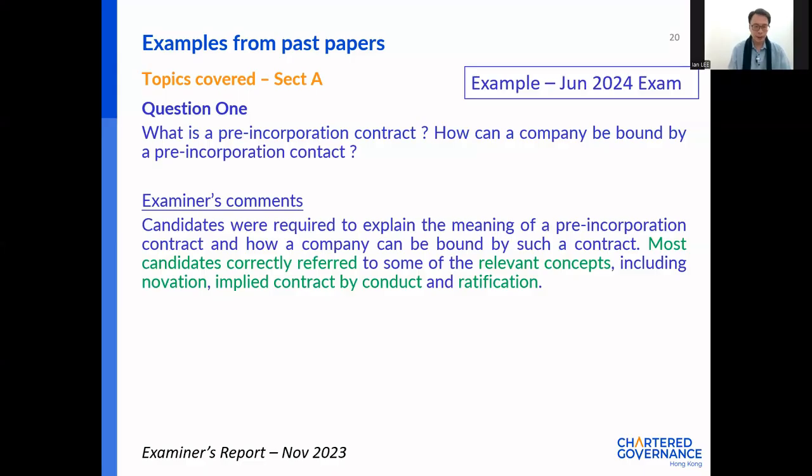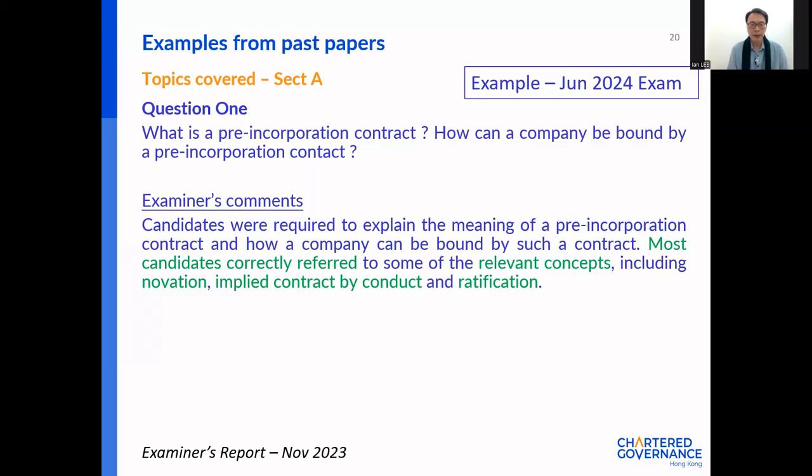So as I mentioned, this is a very interesting and also very important topic for company law. In terms of the pre-incorporation contract, as I mentioned before, it is the contract entered into by someone, usually the promoter, before the company is properly incorporated, before you submit all the forms and you're properly registered with the CR. So most candidates understood this, and that's important.